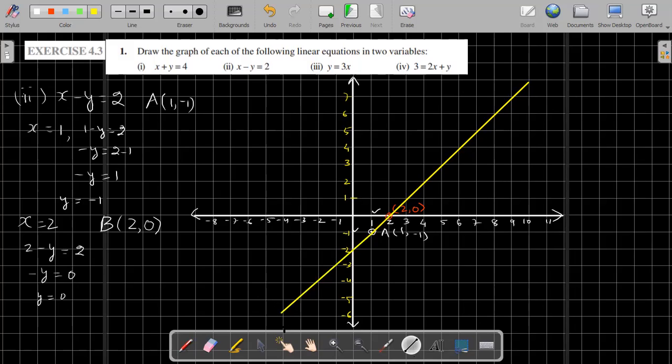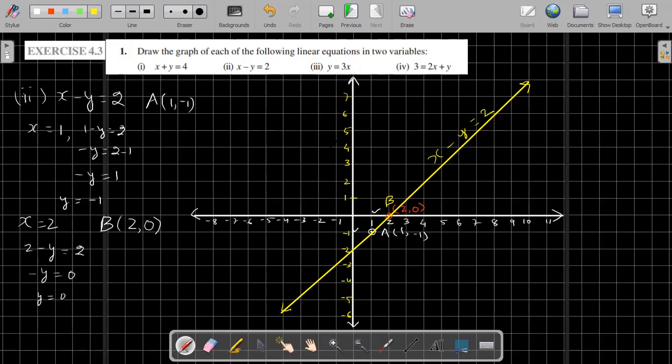Okay, so this is your required line. It should be a straight line. This is your point B, A and B, and somewhere you should write its equation also. Anywhere you can write x minus y on the line is equal to 2.